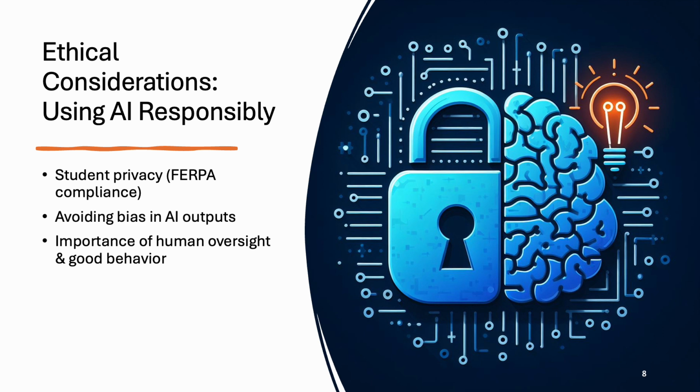Additionally, it's important to be aware that, like any AI system, LLMs can sometimes generate outputs that contain biases. It's crucial to be mindful of this and to exercise human oversight when using LLMs in the classroom. And of course, we have a responsibility as educators to set clear expectations and model responsible behavior for our students' use of AI tools as well.